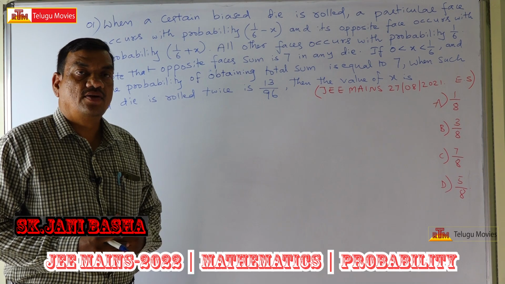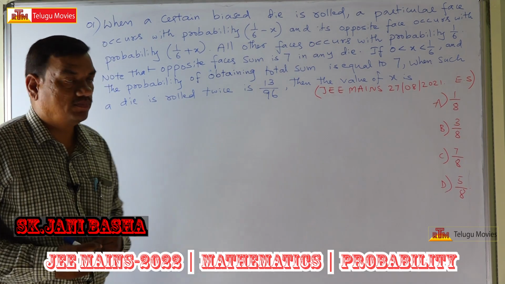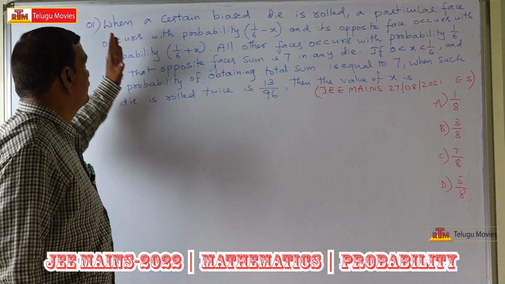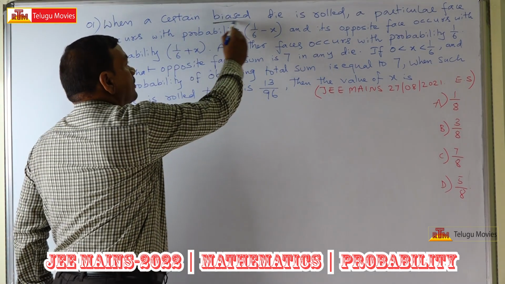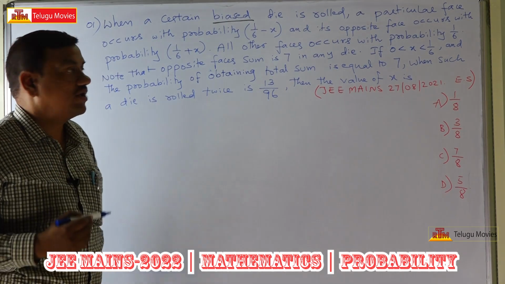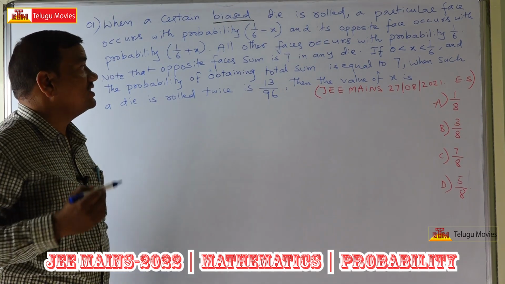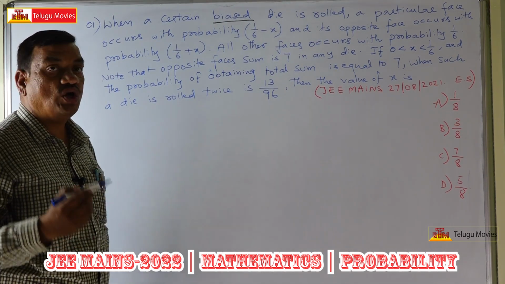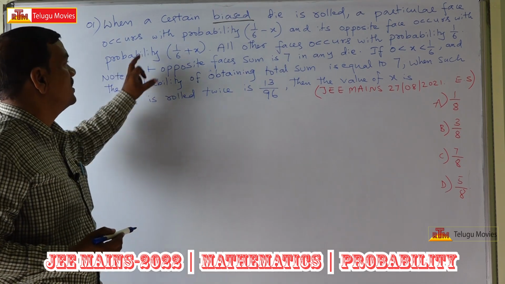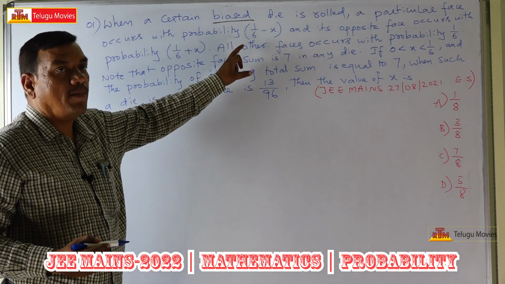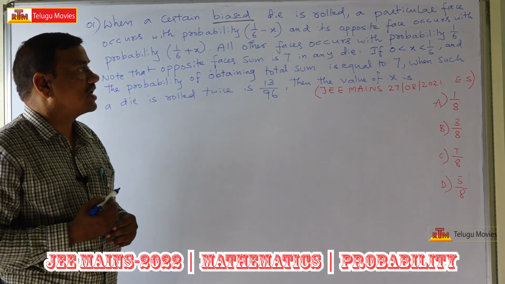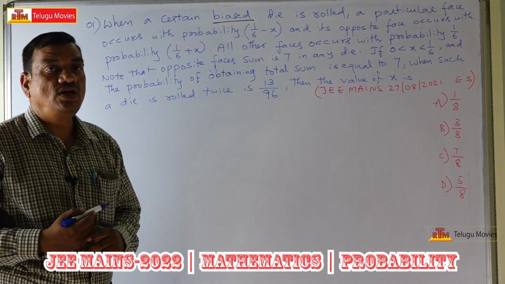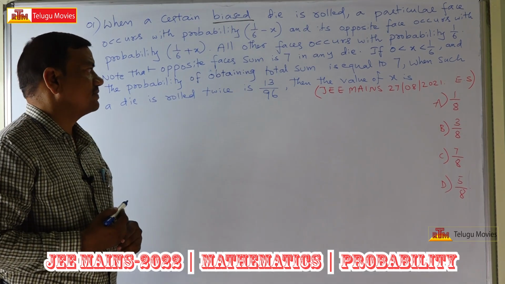Dear students, welcome to the first problem. Be careful: when a certain biased die is rolled, a particular face occurs with the probability 1 upon 6 minus x and its opposite face occurs with the probability 1 upon 6 plus x.